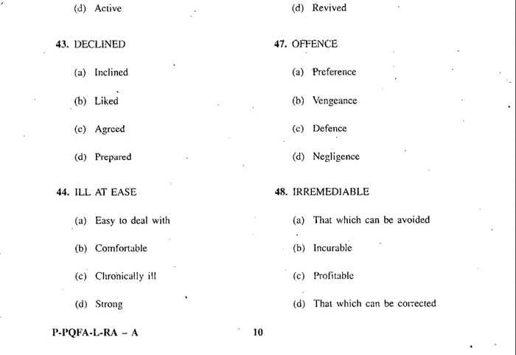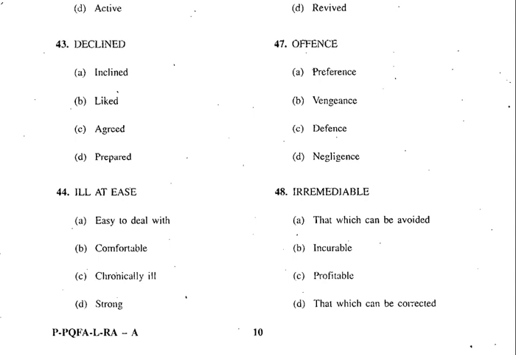Now here, vengeance, revenge. Now offense means to attack. If offense means to attack, now your vengeance, revenge. Now your defense. Now you are defending somebody. You are attacking somebody and you are trying to defend somebody. That is the defense. So will the opposite word be negligence or defense?